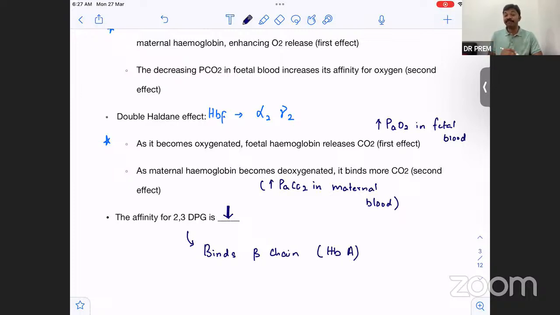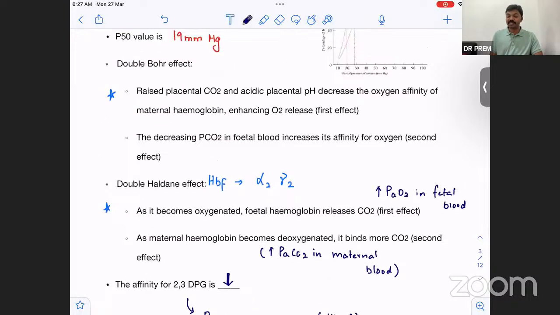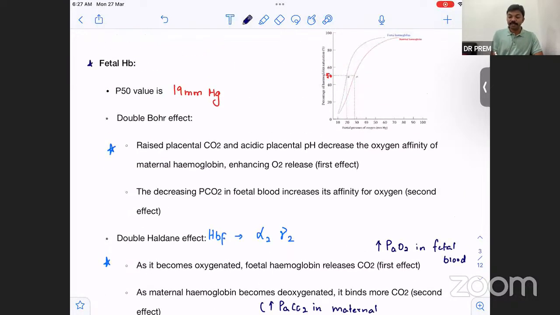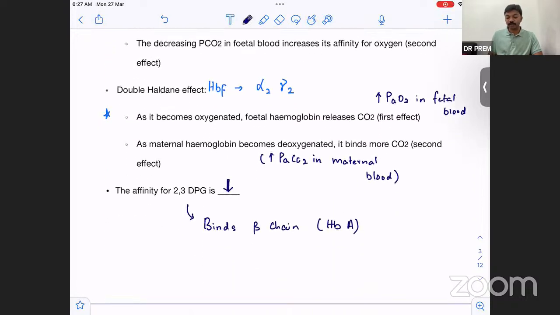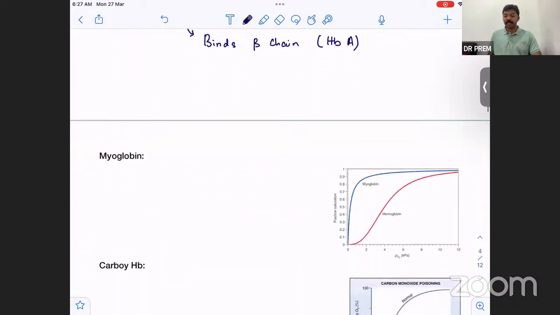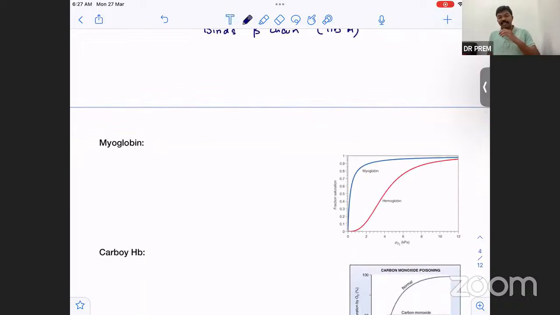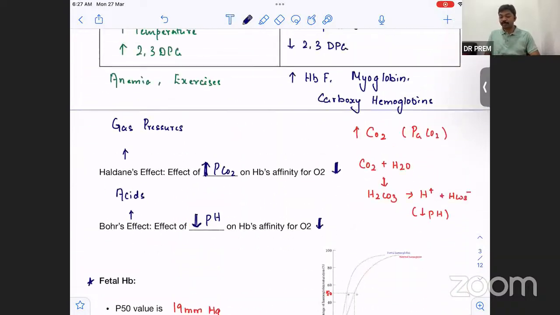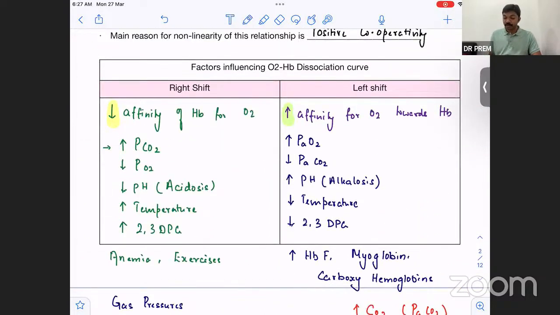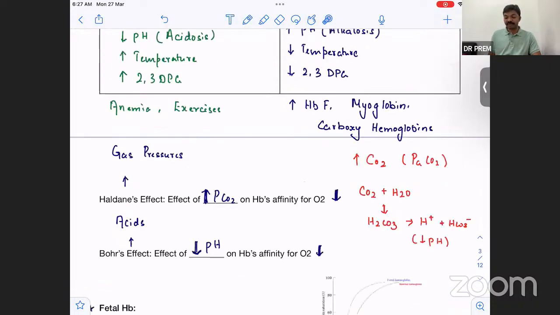On the contrary, it has gamma chains. As a consequence, the affinity of 2,3 diphosphoglycerate for fetal hemoglobin is going to be very, very less, doctors. Remember that. Which is why we have a curve which is getting shifted to the left. Because there is less 2,3 diphosphoglycerate, the affinity is going to be increased. We discussed that again. Right, less 2,3 diphosphoglycerate, and the curve is getting shifted to the left.